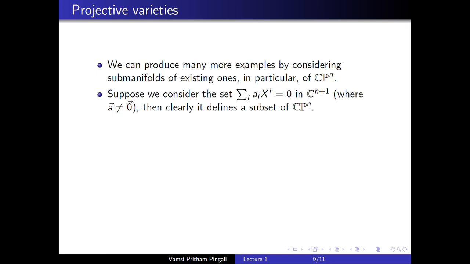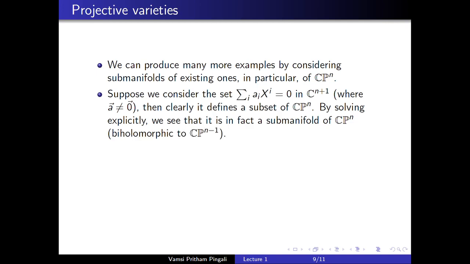But not all subsets are submanifolds. In this particular case, you can explicitly solve and show that it's a submanifold of CPN. In fact, it is biholomorphic to CPN minus 1. How do you show that? Suppose, let's say the A naught is not 0. Then you can solve for x0 in terms of the others, right?